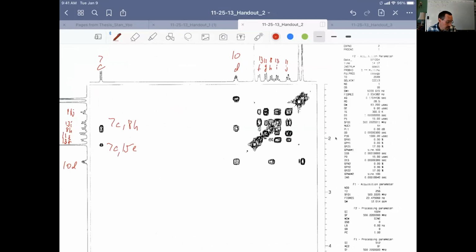All right. So we get 10D crosses with 8H, and 10D crosses with 14L. And so again, I'm going to go to my little chart over here.